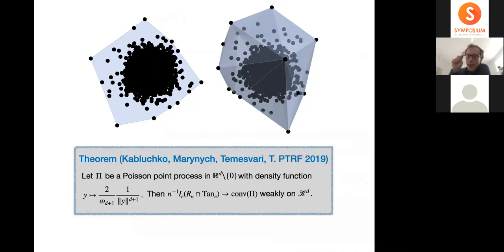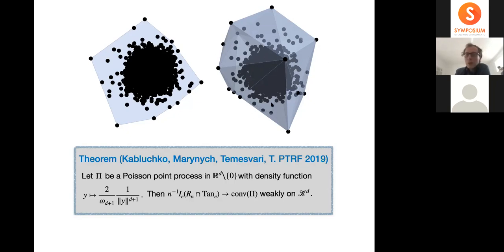You will see in any ball around the origin infinitely many points. But outside of any ball of positive radius, there will be only finitely many points because the integral of this density outside each ball of positive radius converges to a constant. So if you take the convex hull of them, this will be with probability 1 a polytope. And this is exactly the limiting object that comes out here.